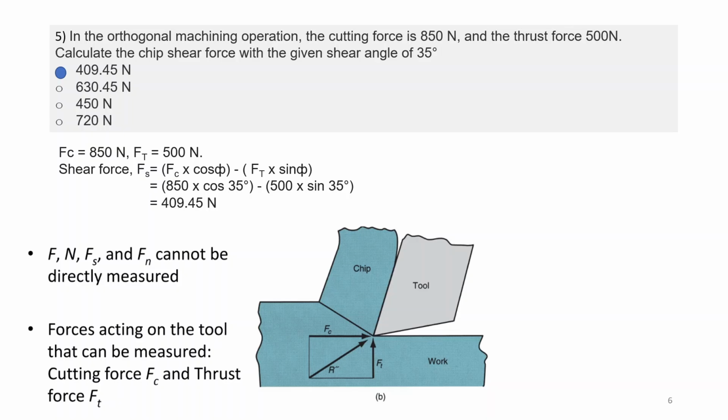These are already given, and shear angle phi is also given. The formula for shear force is Fs = Fc cos phi minus Ft sin phi, where Fc is cutting force and Ft is thrust force. So 850 multiplied by cos 35 minus 500 multiplied by sin 35. The answer will be 409.45 Newton.